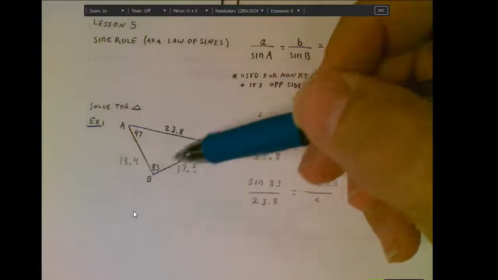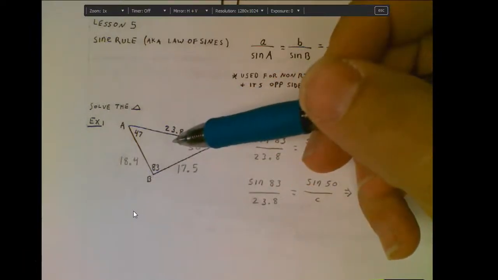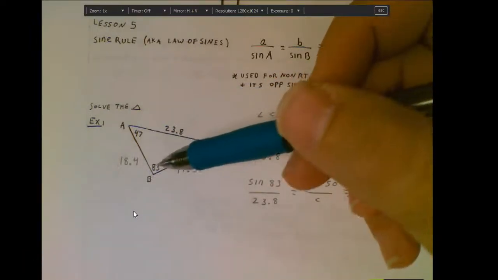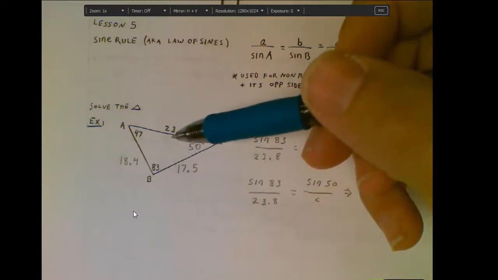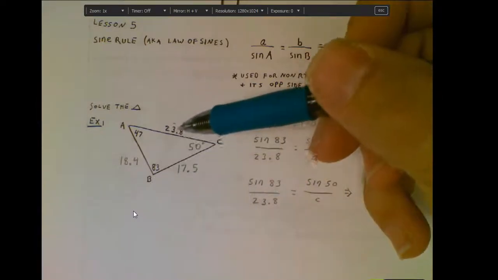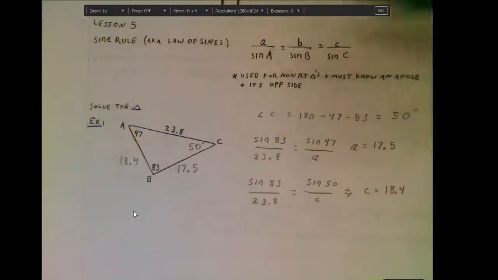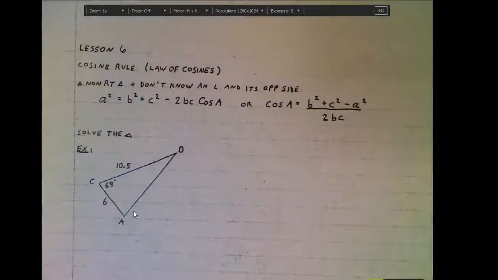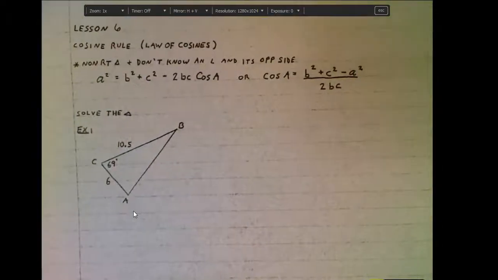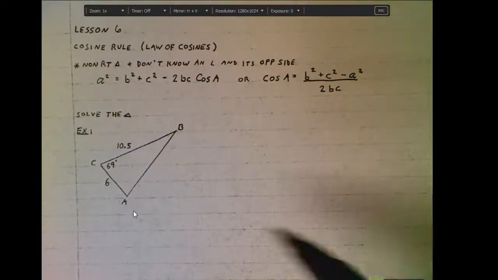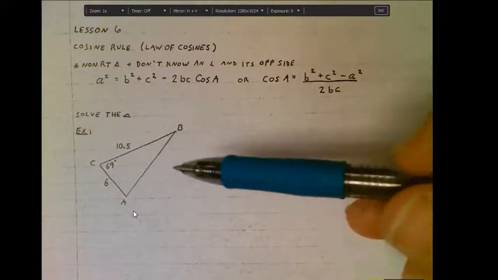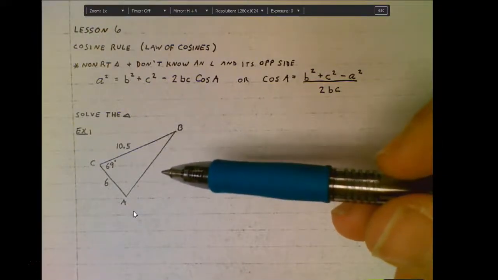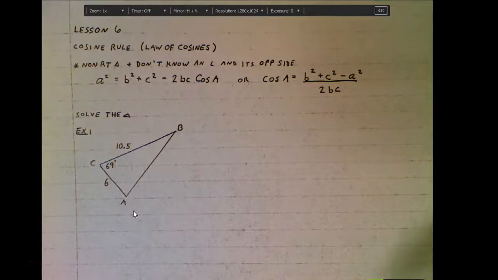If you looked at the first example for the last lesson, I knew an angle and the side across from it. I had a complete ratio of information, and if you have a complete ratio, you can use the law of sines. But if you don't have a complete ratio, like in this example, nowhere in here do I have an angle and the side across from it, so I can't use the law of sines. So now I turn to the law of cosines.